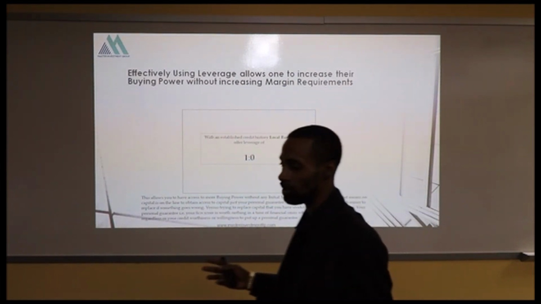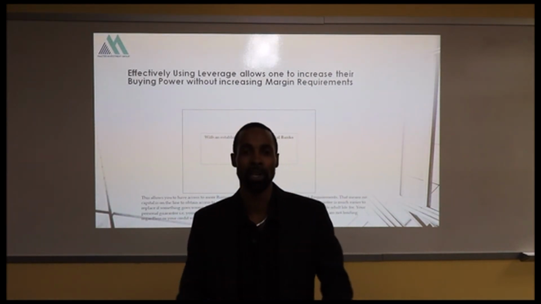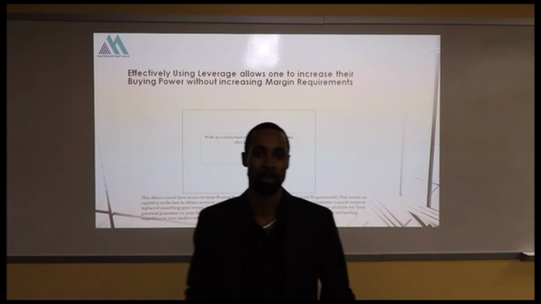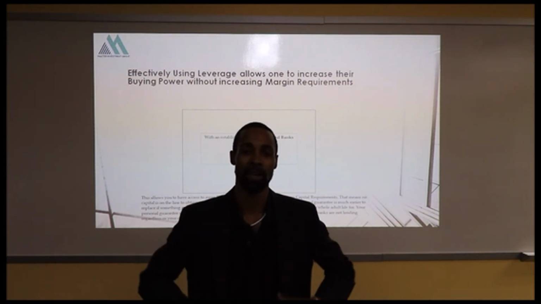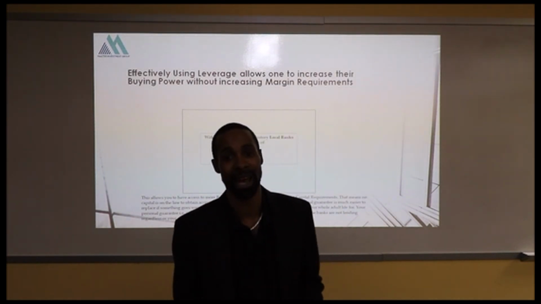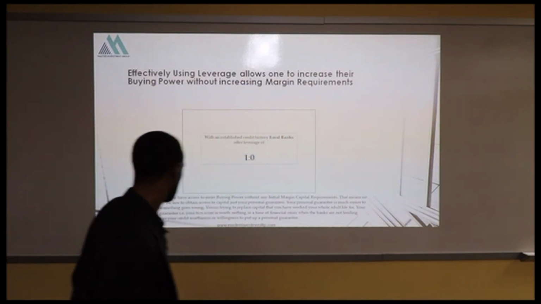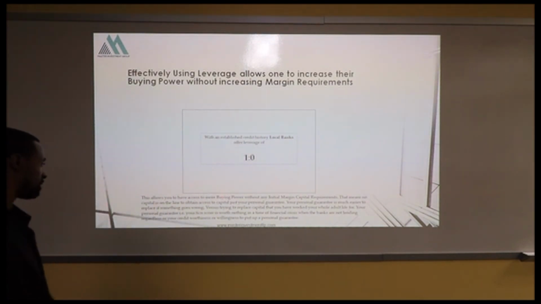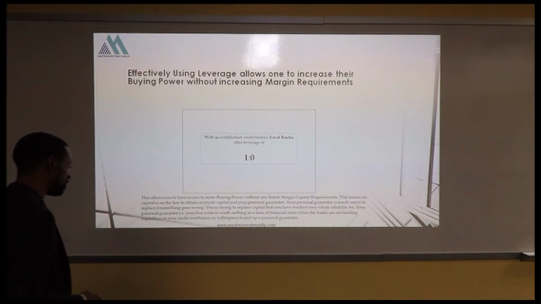It could be $100,000, it could be $1 million, it could be $1,000. But you're putting up your credit to obtain access to this capital. A lot of times, if we don't have credit, we're required to use cash, what's known as cash on delivery, COD. So having access to more buying power without initial margin requirements is where this puts you.